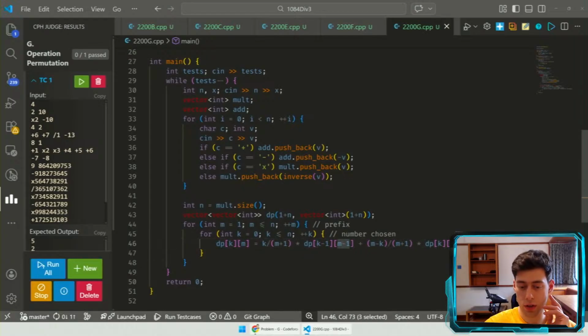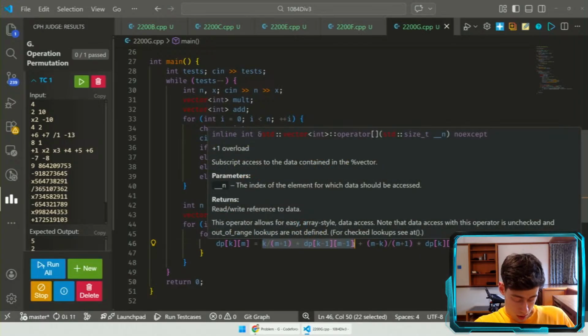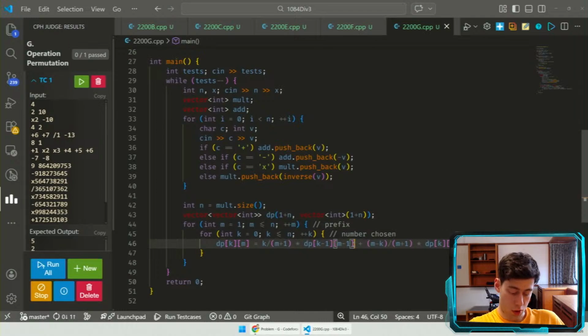Now the issue is this. Yeah, this is the issue. So k minus 1 here. So m minus 1 is fine, but k minus 1. So if k is 0, then this should be 0. What does that mean? If k is 0, that means we haven't chosen anything so far. Is this probability wrong? We said this was... Oh, k is how many we've got here.